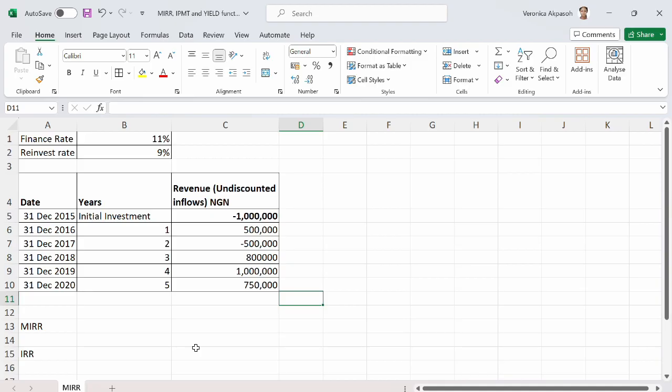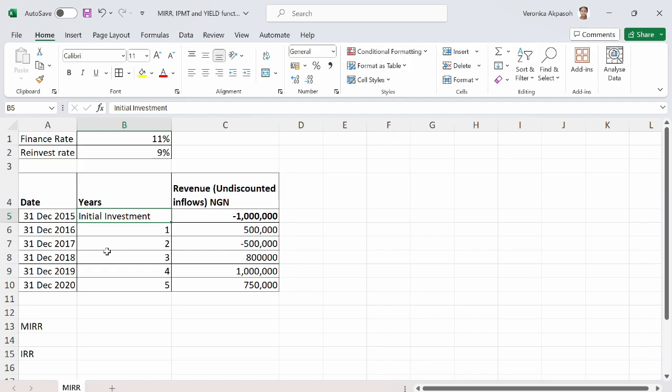So here we can see the example of the IRR. We can see an example showing cash flows. And this investor is taking a loan for this investment, and the rate of the loan is 11%. In this case, it is assumed that the rate of reinvesting the inflows into the business is 9%.